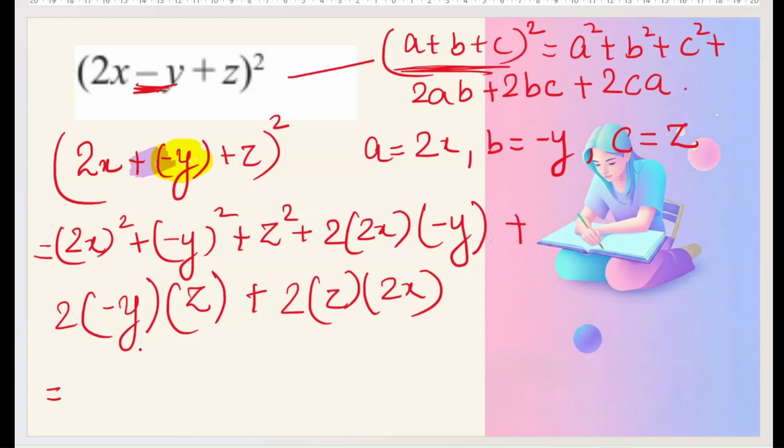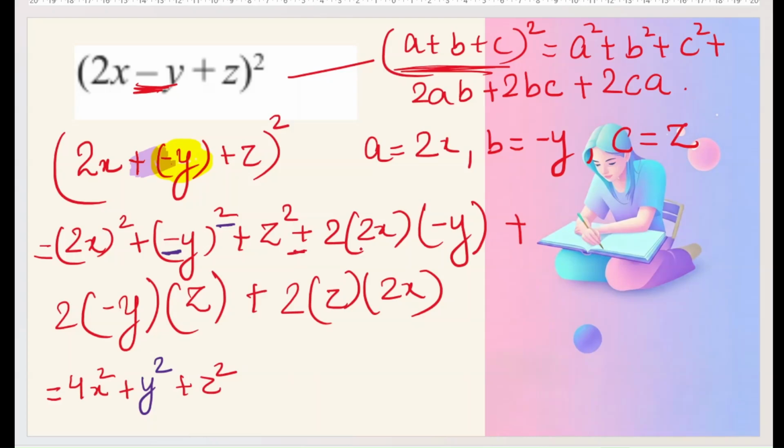So that is equal to 2x whole square, 2 square is 4, so 4x square, plus minus y whole square. Be careful, minus then whole square. So minus into minus is plus, so minus y into minus y is plus y square. You have to be very careful, okay? Plus z square as it is.